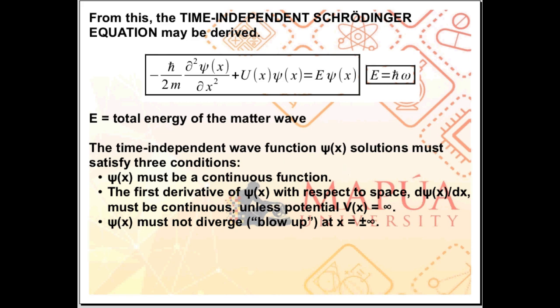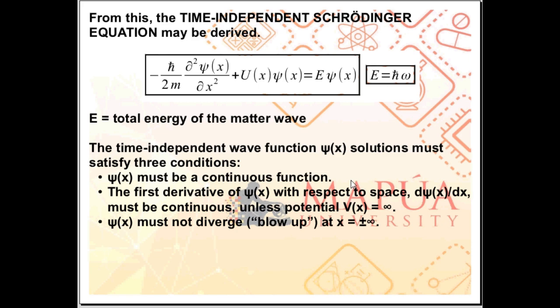If you're just analyzing a limited region, in that region, psi must be a continuous function. Outside the region, small psi does not matter, as long as you are limiting your analysis in that region.